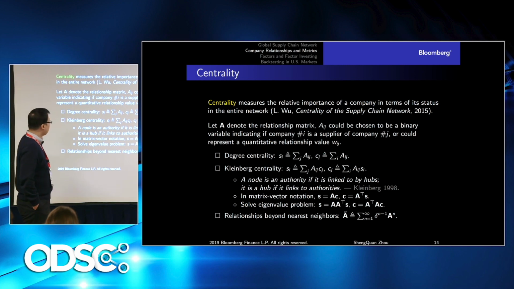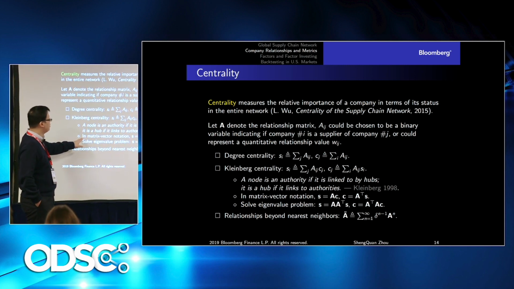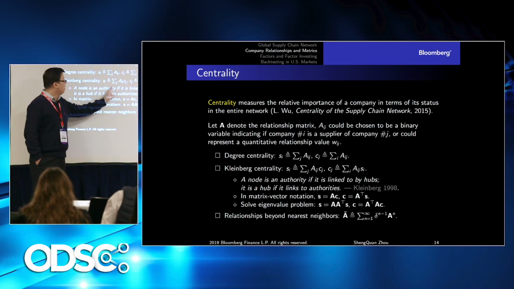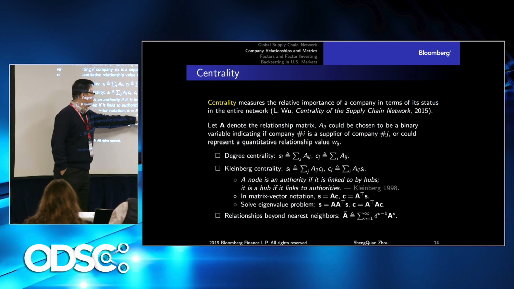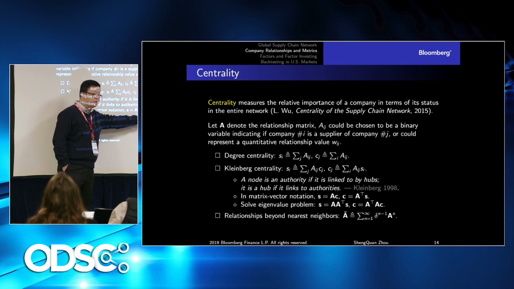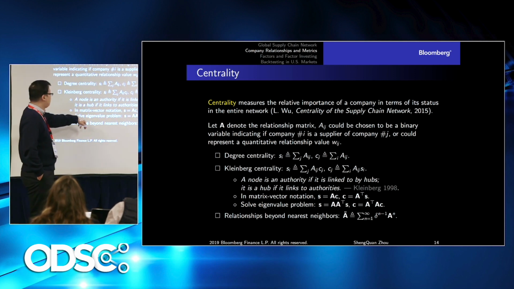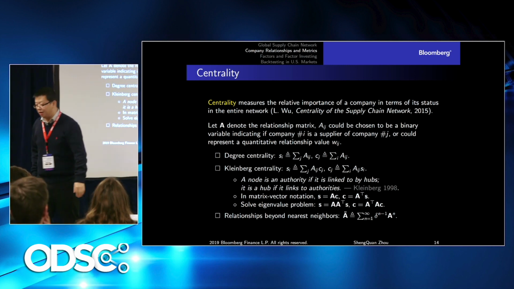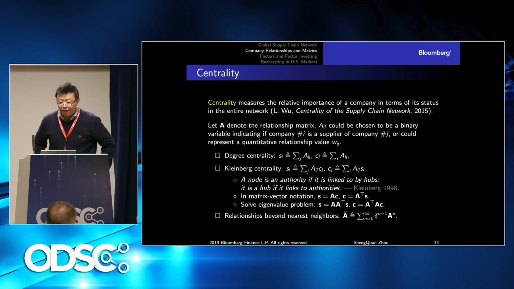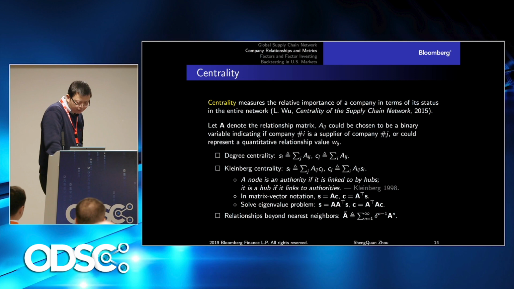Right? Mathematically, in matrix vector notation, you would say S is the matrix product between A and C. C is the matrix product of A transpose and S. To solve this problem naively, you just run an eigenvalue problem of A times A transpose.